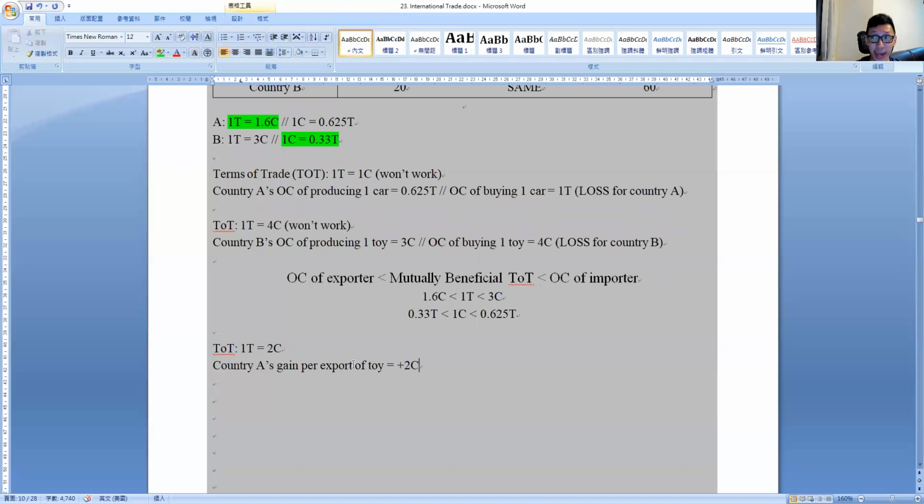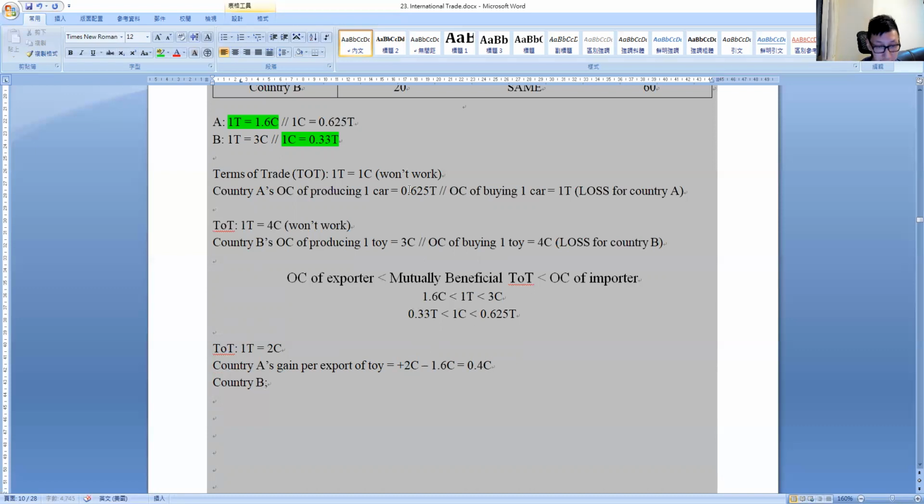But remember, internally, their cost, we always take revenue minus cost. You get 2C, but you give up 1.6C. So you see, you actually gain 0.4 cars. Good? Now, what about country B?